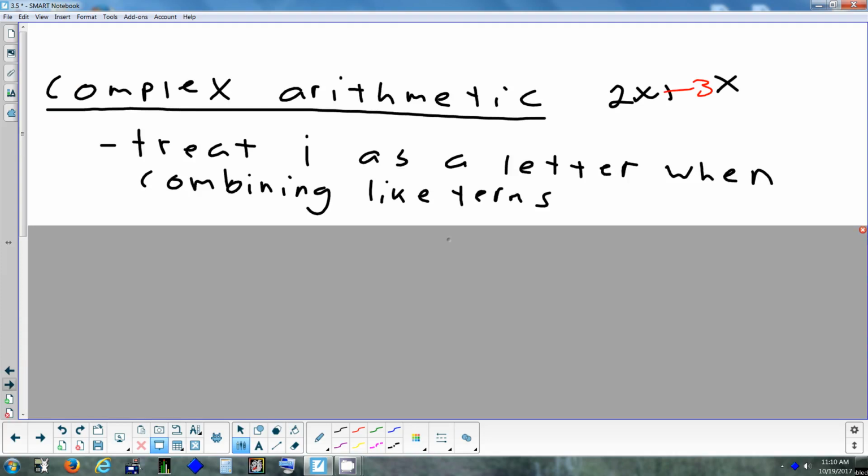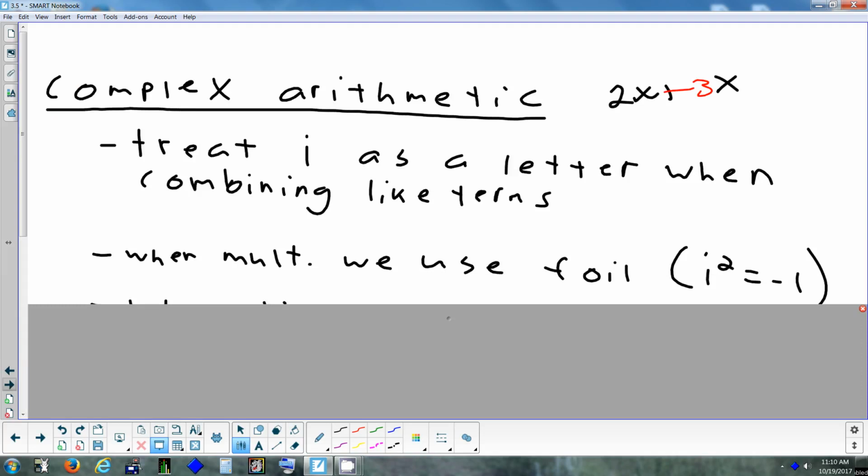Well, if it was 2i plus 3i, you would hope it would be 5i, and it is. So when you're combining like terms, even though i is not a variable like x is, you can think of i the same way. 1i plus 5i is 6i.